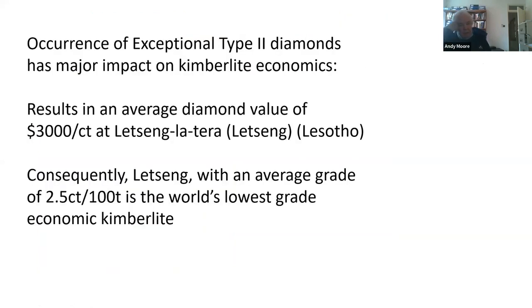They're highly important economically because they can have a big impact on kimberlite economics. So the presence of these stones in Letseng gives the diamond parcel an average value of, when I last heard, $3,000 a carat. And this makes Letseng one of the lowest, in fact the lowest, grade diamond or kimberlite producer in the world.